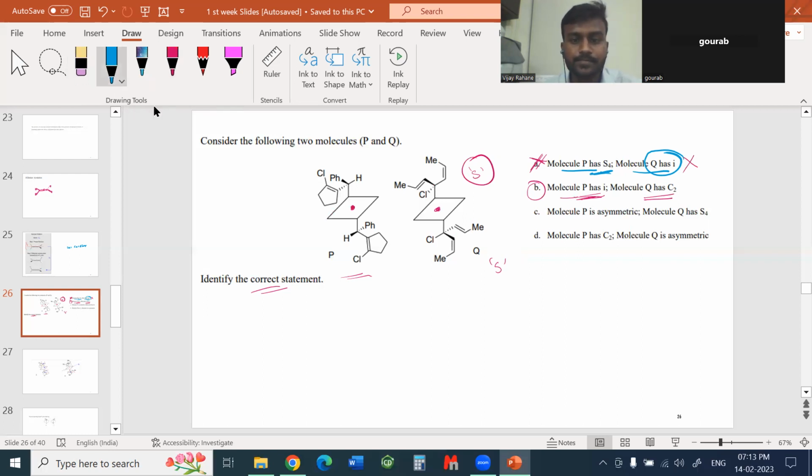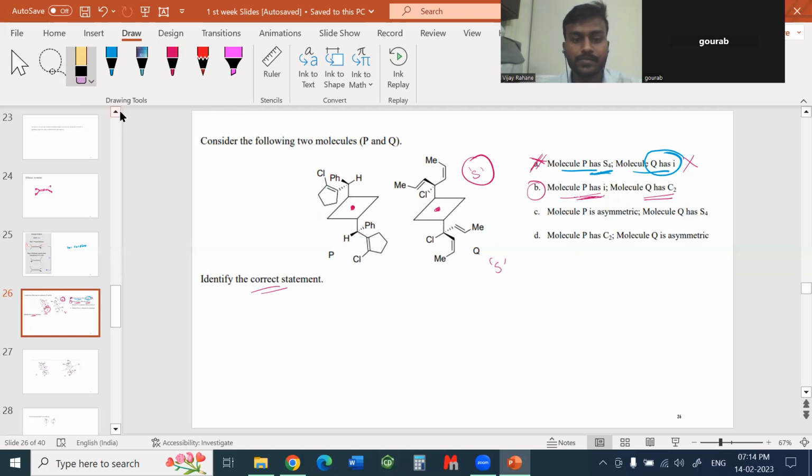In this one, the lower group is attached lower, this one is attached on the upper side, and similarly the same groups: the ring is attached, the phenyl group is attached, and hydrogen is attached. So all groups are attached.